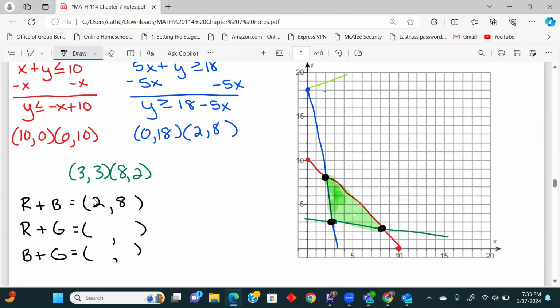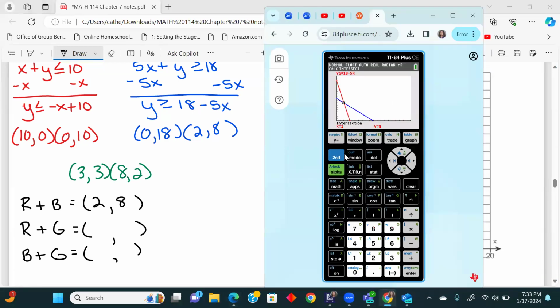The next one we're going to do is the red and the green. Okay, so the red is that first one I have in there. The green is going to be the last one I did. So let's clear that out. This one had all the fractions in it.